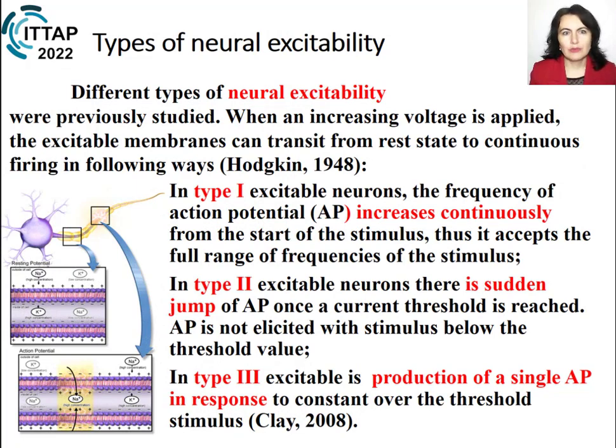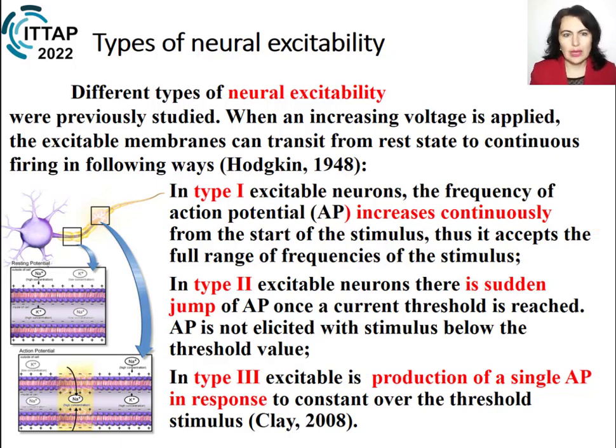Different types of neural excitability. When an increasing voltage is applied, the excitable membranes can transit from rest state to continuous firing in the following ways. In type 1, the frequency of action potential increases continuously from the start of the stimulus, thus it accepts the full range of frequencies of the stimulus.